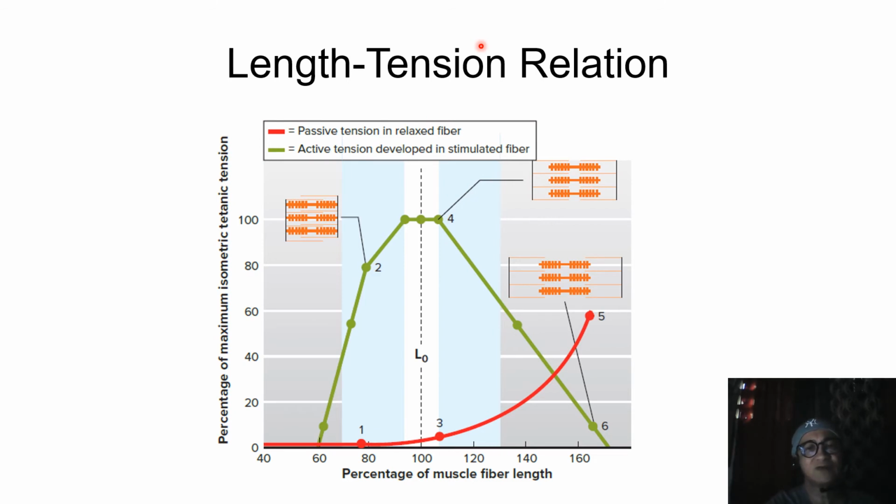Stretching a fiber to 175% of the LO pulls the filaments apart to the point where there is no overlap and no cross-bridge cycling can happen because of the distance between the cross-bridges, or myosin heads, and actin.